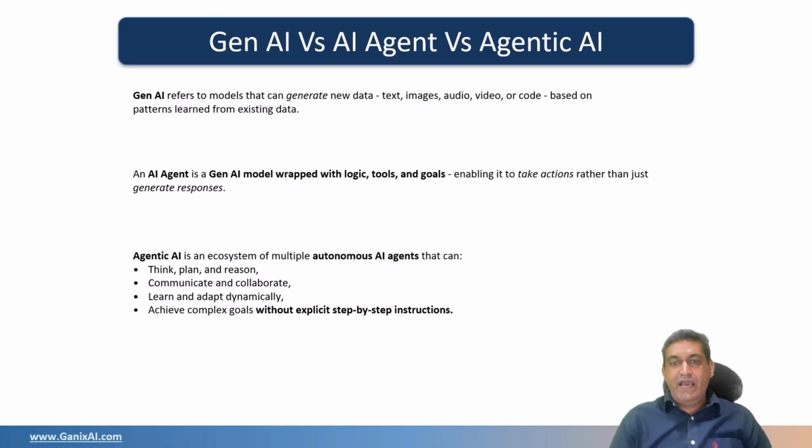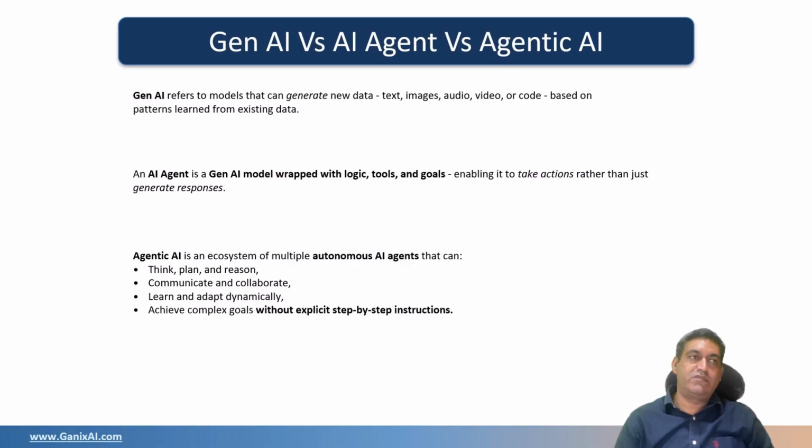An agentic AI system can set goals, decide how to achieve them, even decompose them into multiple tasks, then take actions, finally evaluate the results, and improve itself over time. Let's take an example for agentic AI.